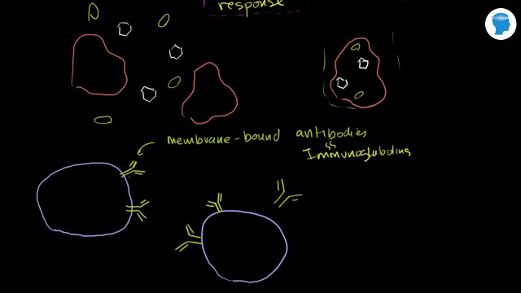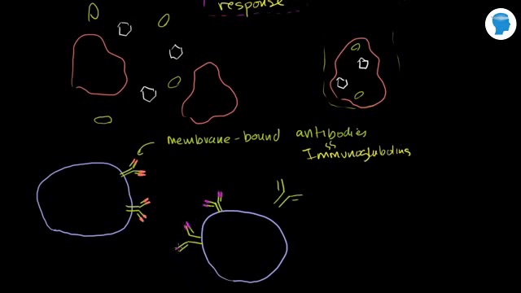There's the fixed portion, which I'll do in green for any kind of antibody, and then there's a variable portion. So maybe this guy's variable portion, I'll do it in pink. And every one of the antibodies bound to his membrane is going to have that same variable portion. But this different B cell is going to have different variable portions. So I'll do it in a different color. Maybe I'll do it in magenta. So his variable portions are going to be different.